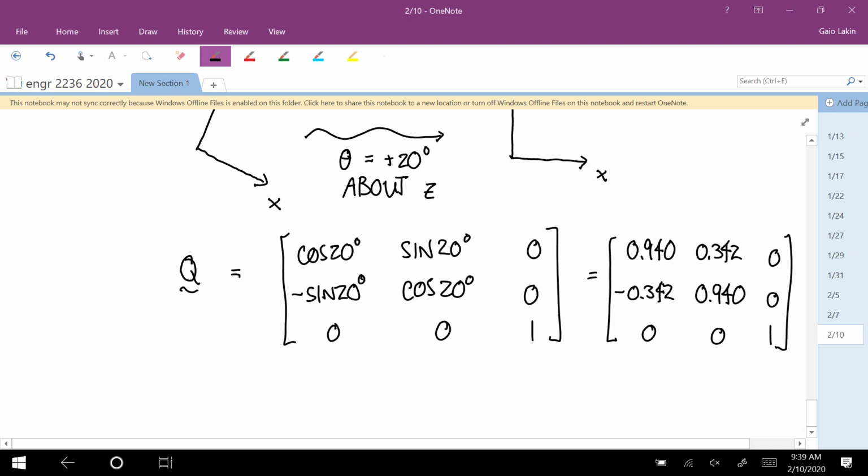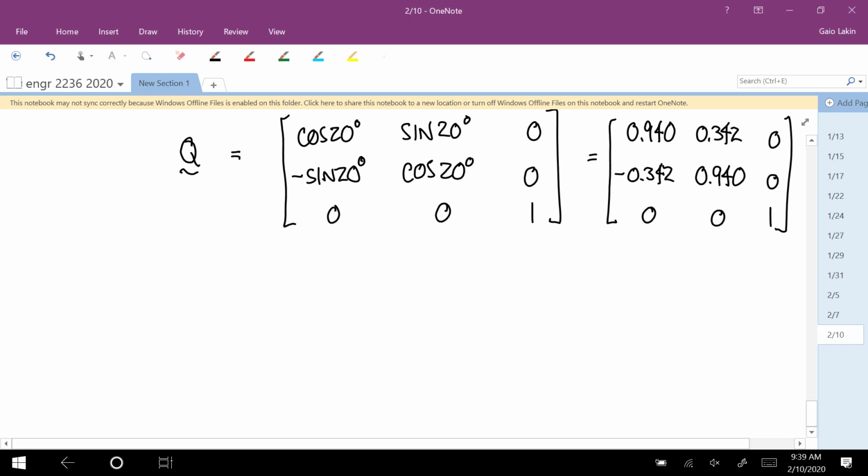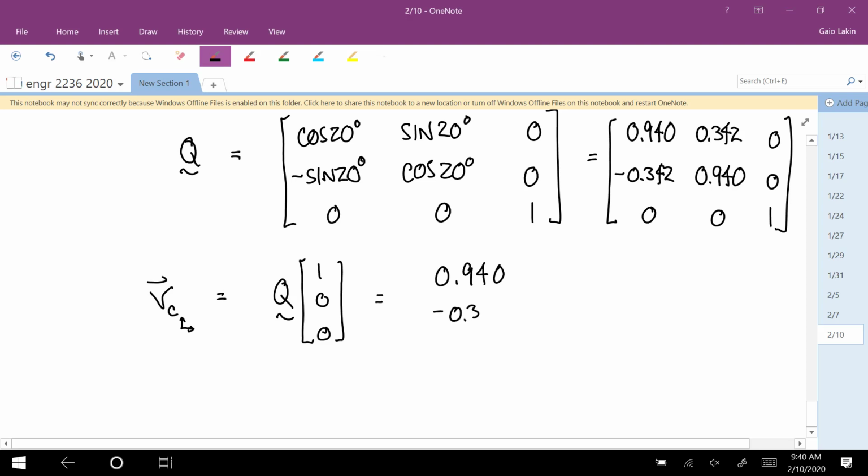And then the velocity of C in that coordinate system is that rotation matrix times 1, 0, 0. That's not hard. So Q times 1, 0, 0 is 0.940, negative 0.342, 0.